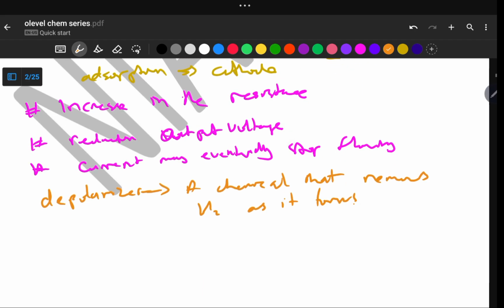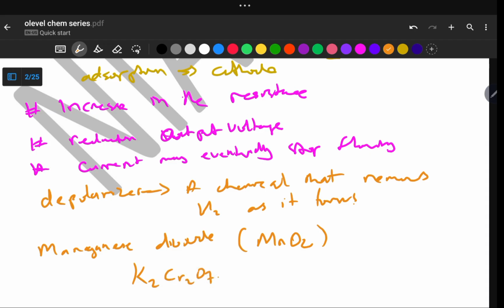So the examples we have: manganese dioxide, MnO2. So this is the chemical formula, right? And we also have potassium dichromate, right? At times we can use potassium dichromate.